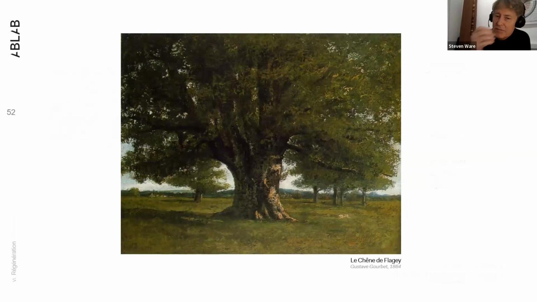So just to finalize, one of our inspirations for the project was this painting by Gustave Courbet, which is called La Chaîne de Flagey. He had originally painted it with a hunting party, with men on horseback, with dogs and everything else. And as he got further into the painting itself, he began to realize that the only thing that he wanted to show in its majesty and beauty was the tree.